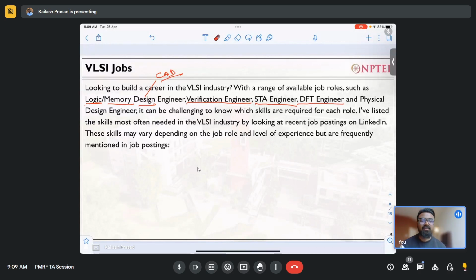After PhD, the base amount will be 20 to 25, maybe more, and the CTC will be around 50 to 55 lakhs. That is in India. That's how well VLSI engineers are paid. The thing is, you require greater skills to crack these kinds of jobs.